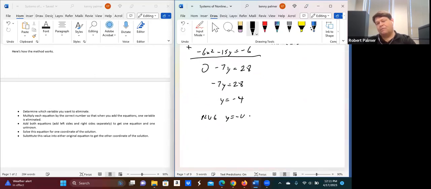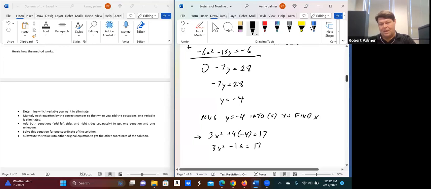Plug y equals negative 4 into equation A to find x. If we do that, then we have 3x squared plus 4y, and y is negative 4, is equal to 17. And of course, we have 3x squared minus 16 is equal to 17.